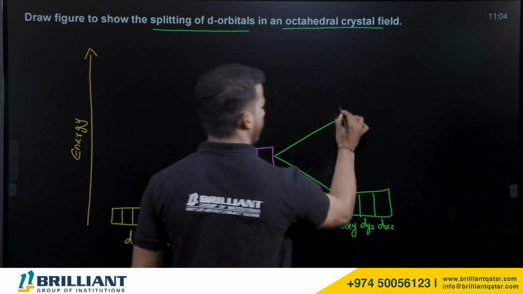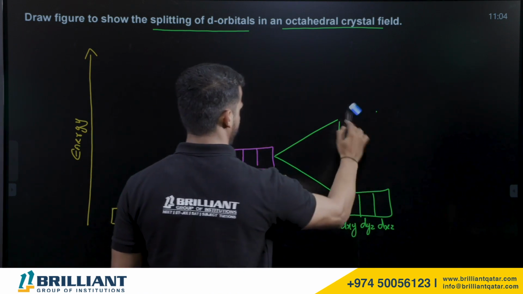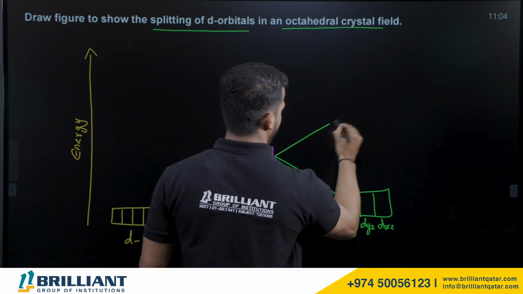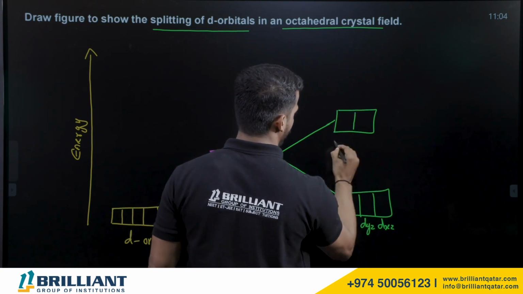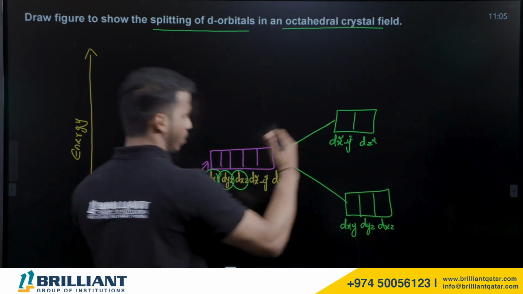The next two orbitals go to a higher energy state. The last two orbitals, dx square minus y square and dz square, go up.